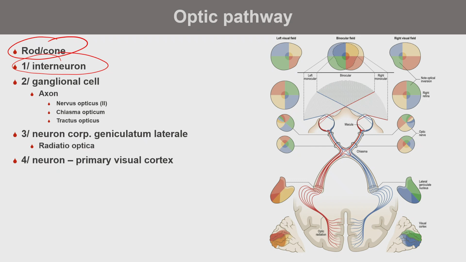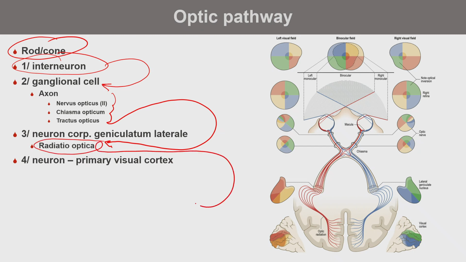The first interneuron transmits the information to the ganglion cell, and then through the optic nerve, chiasma opticus and tractus opticus, the axon is related to the neuron in the lateral geniculate body. And through the optic radiation, the axon of the third neuron then reaches the fourth, cortical neuron.